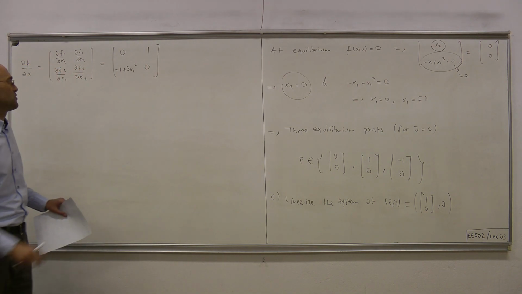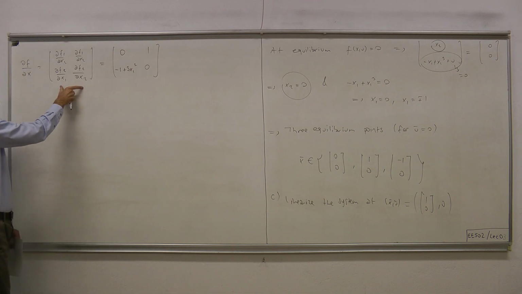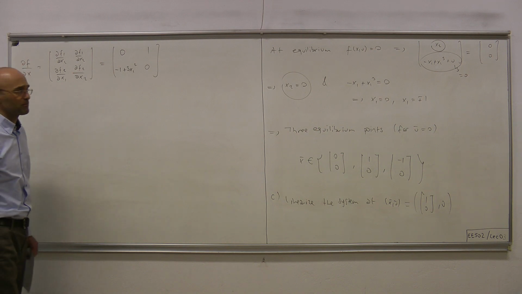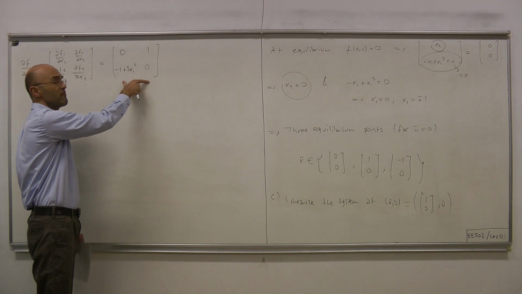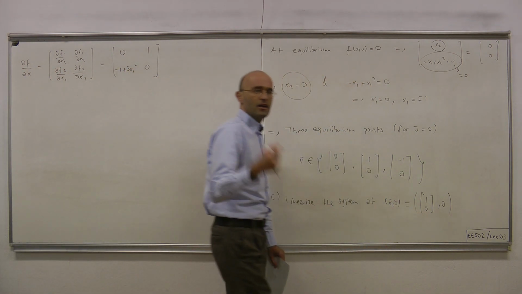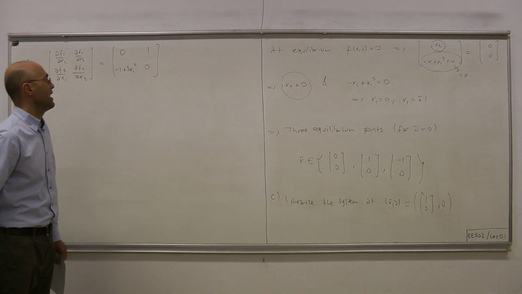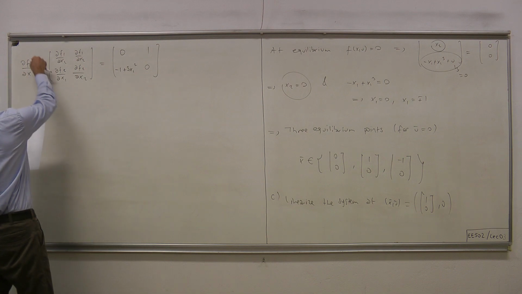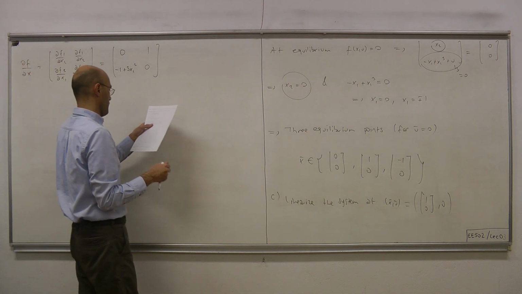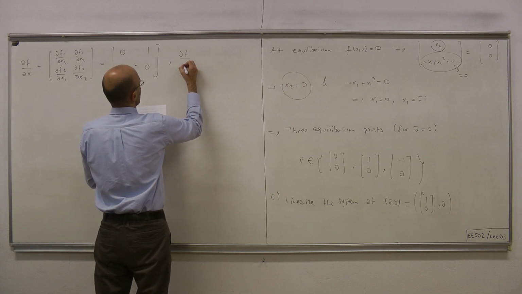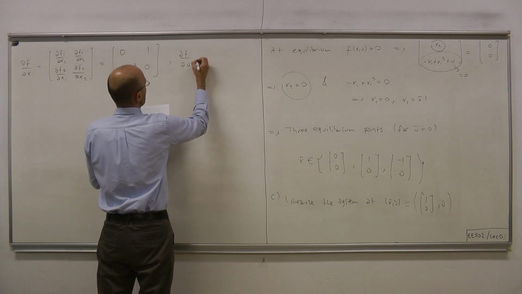Okay. So this is the general expression of the partial derivative of f with respect to x. Okay, and now we're going to evaluate this at this particular equilibrium point in order to obtain the A matrix. Quickly, let's also write down the partial derivative of f with respect to the input.